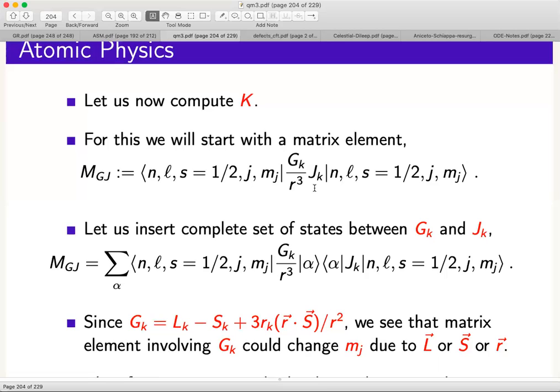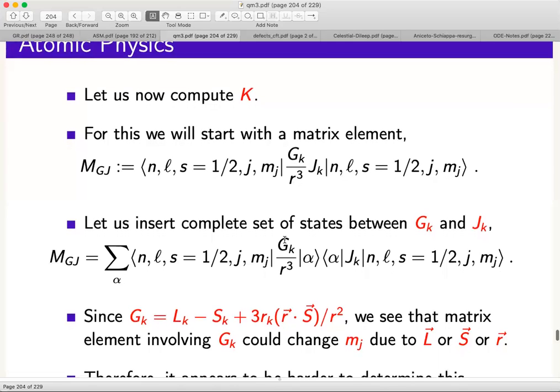Okay, and therefore the only thing that you need to determine is the proportionality constant between two such spherical tensors, and those proportionality constants are independent of the magnetic projections of the states. So that is the main result of the Wigner-Eckart theorem.